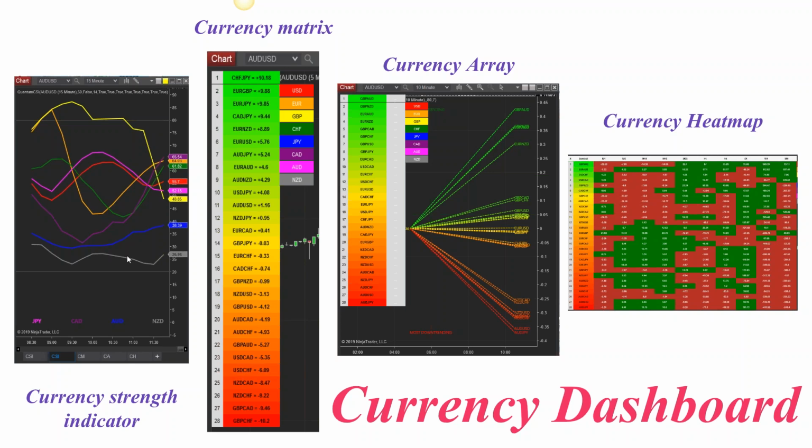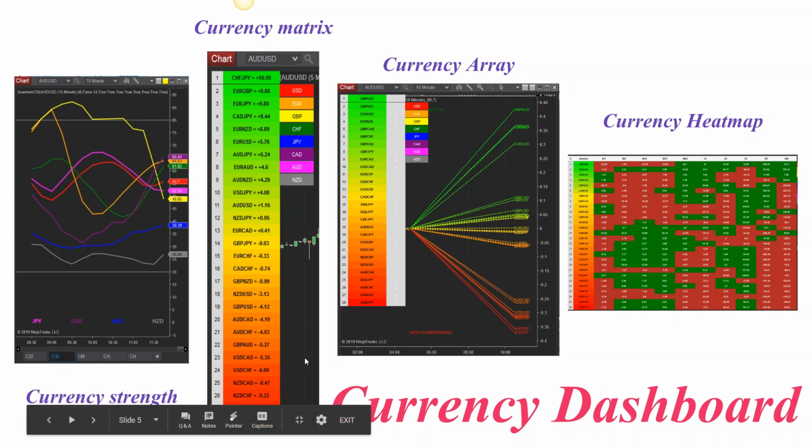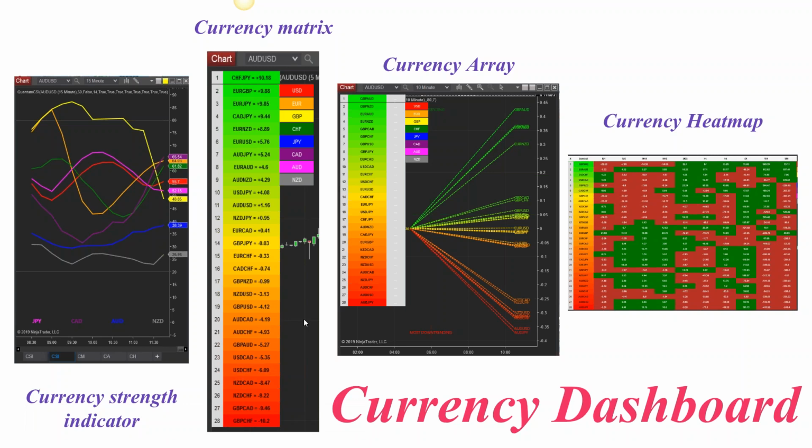Then you step over onto the matrix, and what you're looking at in the matrix is strength and weakness across the complex. If you're looking at a currency pair to trade, what you want to establish is whether the sentiment for those two currencies, and you're looking at the two in opposition, is universal across the market.